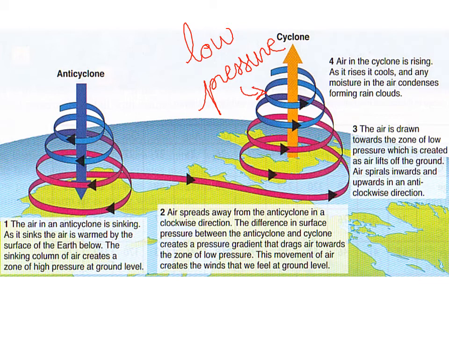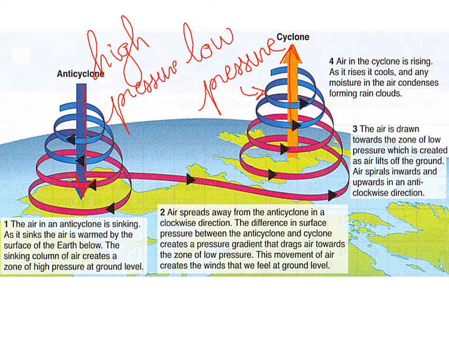Because as it is ascending, it doesn't have force over our heads. But then, when it descends, it creates a much higher force over our heads, and that creates a high pressure. Okay, why is that?